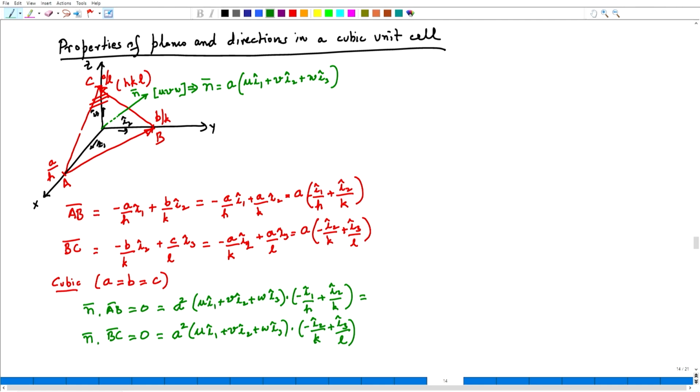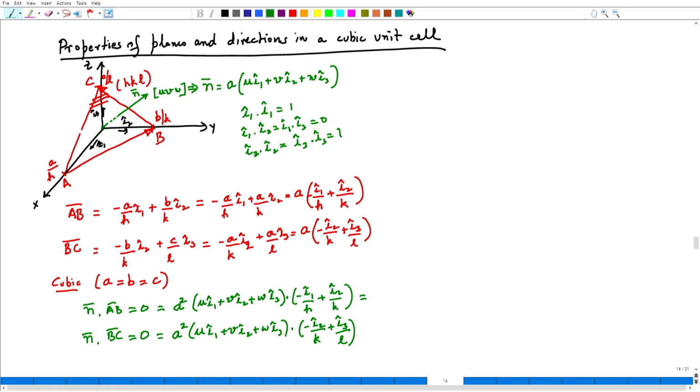So, these terms are going to be 0. i1 dot i1 would be 1, i1 dot i2, i1 dot i3 will all be 0, and the other one would be i2 dot i2 equal to i3 dot i3 equals 1.